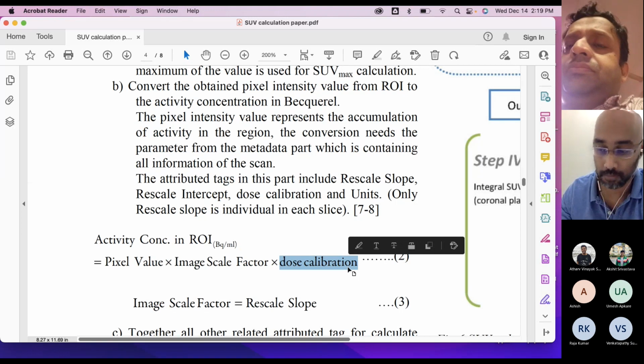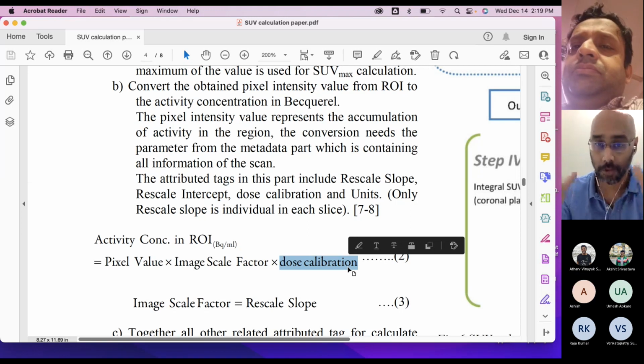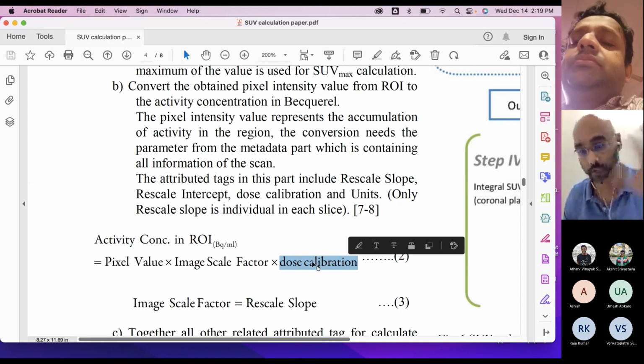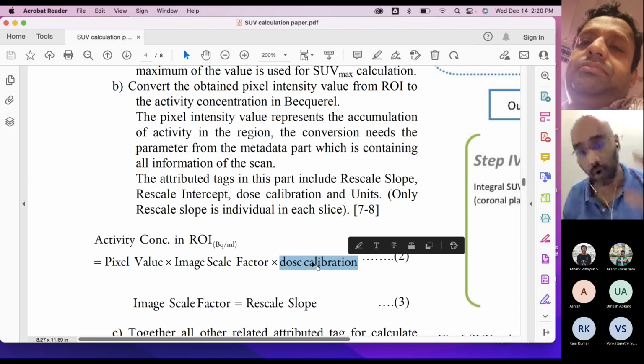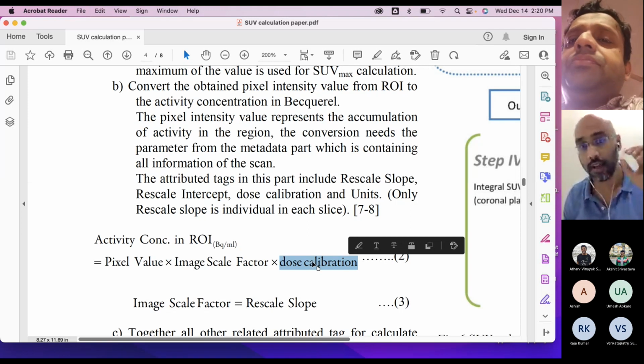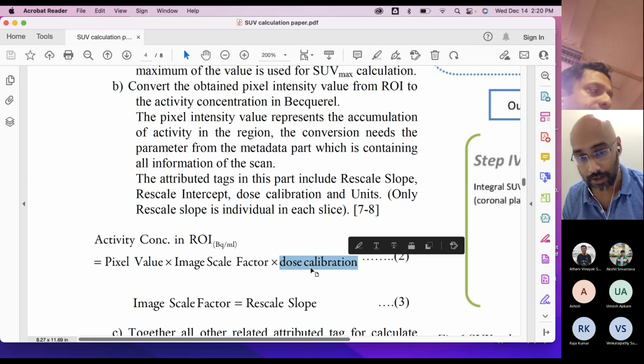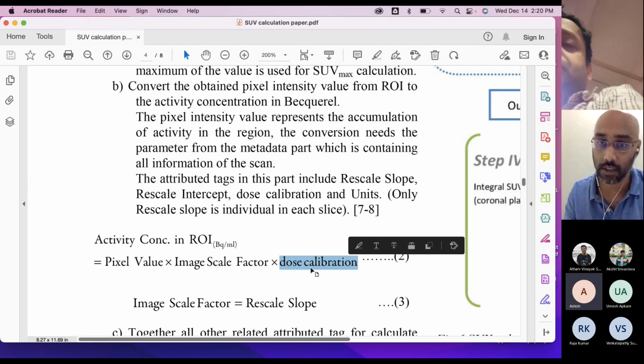That is the question. So I'm asking you right now, how do we calculate dose calibration? Because you just looked at the code that Atharva was sharing, can you tell us from where the dose calibration comes in the code that Atharva was just sharing? And I'll let Atharva put his slide.